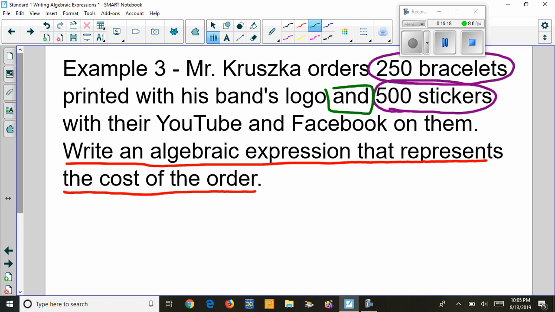For this algebraic expression, we're going to need some variables. And we're talking for the cost of the order. Well, I don't know any sort of cost of anything. What don't I know the cost of? There are two pieces. Well, the first thing is I don't know the cost of the bracelets.